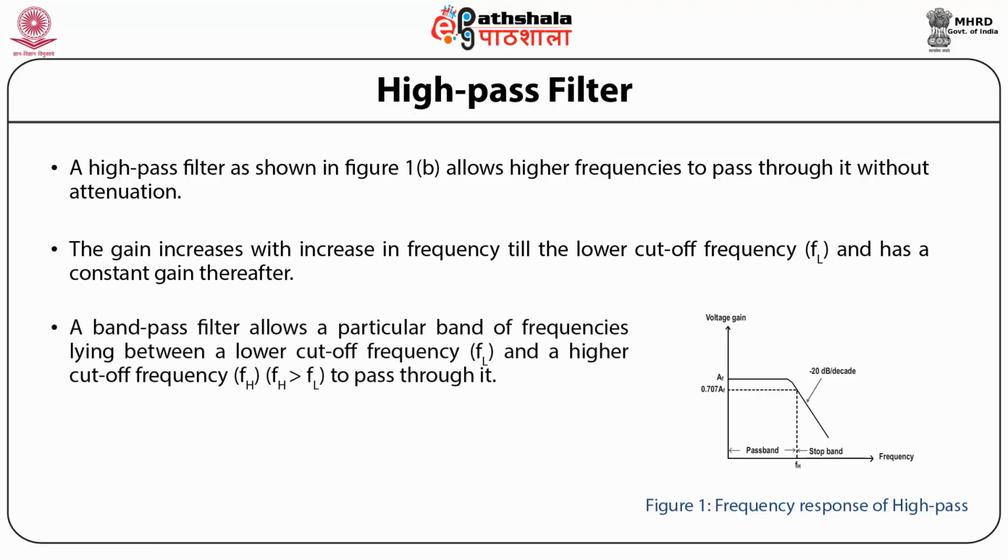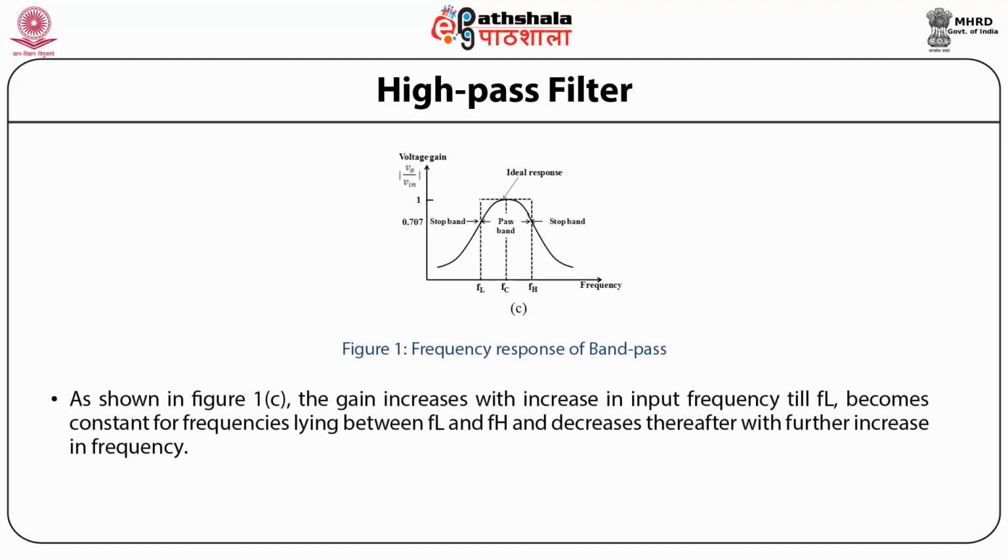A bandpass filter allows a particular band of frequencies lying between a lower cutoff frequency FL and a higher cutoff frequency FH to pass through it. Here, FH is greater than FL. As shown in the figure, the gain increases with increase in input frequency till FL, becomes constant for frequencies lying between FL and FH, and decreases thereafter with further increase in frequency.